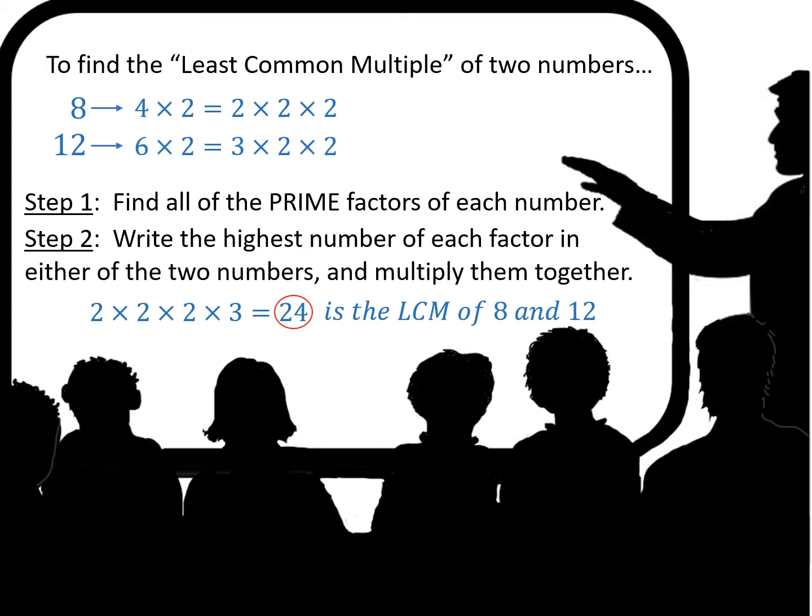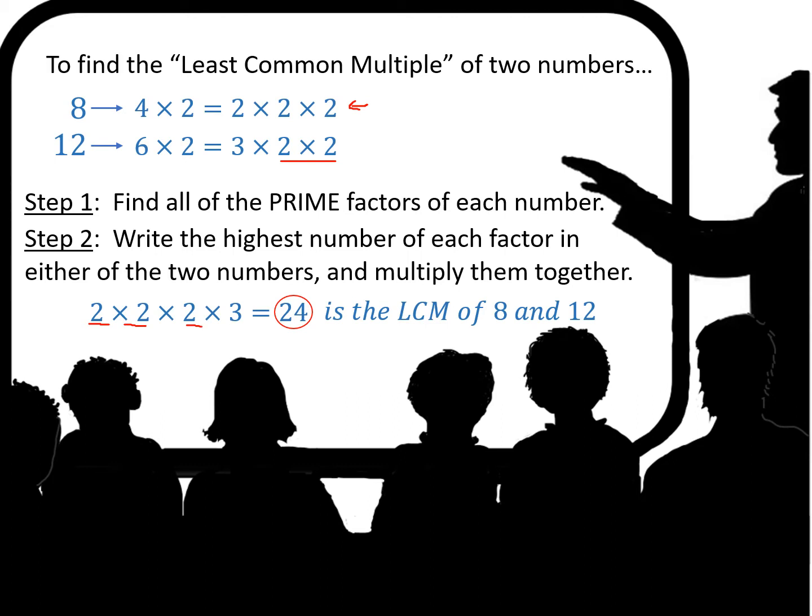So then we write the highest number of each factor in either of the two numbers and we multiply them together. You notice that for 8 we have three 2's. Even though in 12 we have two 2's, the highest number of that prime factor would be 3. So we have three 2's, these three 2's right here.